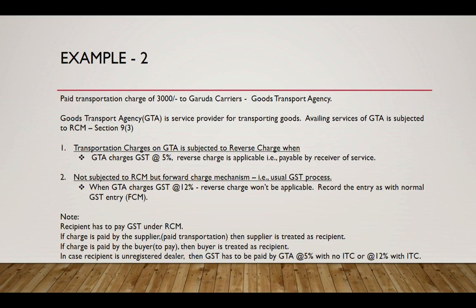So whenever you avail services from a transporter, make sure whether it is a GTA or a non-GTA, and look whether the consignment note, which can also be referred to as LR copy or by any other name in your region, is present, and try to find out the details which must be present on a consignment note. And if those details are present, then that copy of LR is treated as a consignment note.